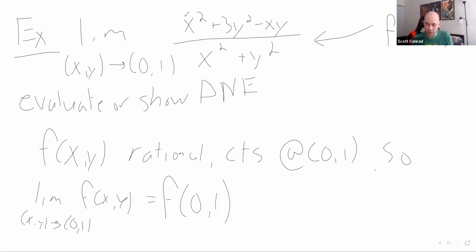So since I know it's continuous, because I waved my hands and said it's continuous, all I have to do is plug in x equals 0, y equals 1, and that is the limit. So when I do that, I get 0 plus 3 times 1 minus 0 over 0 plus 1. So the limit is 3.